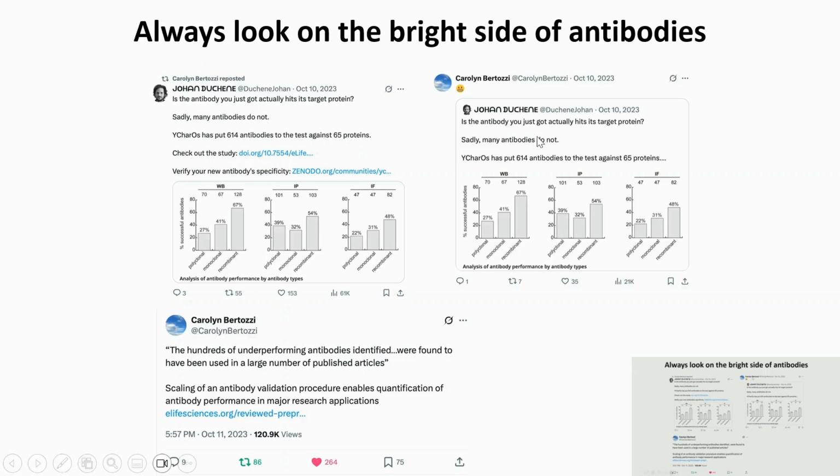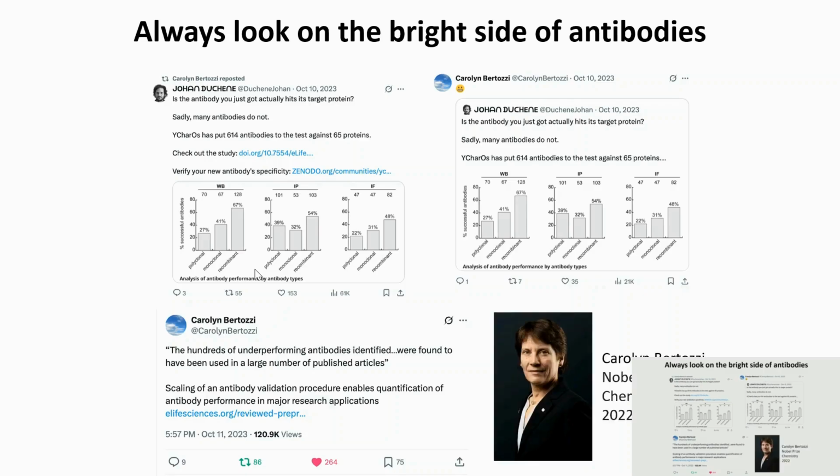She also reacted to it, and then she even made her own post about this issue. For those who don't know, Carolyn Bertozzi is a Nobel Prize winner. So it was really, really nice to see that even a Nobel laureate is concerned about antibody validation and is willing to inform the scientific community about this issue.